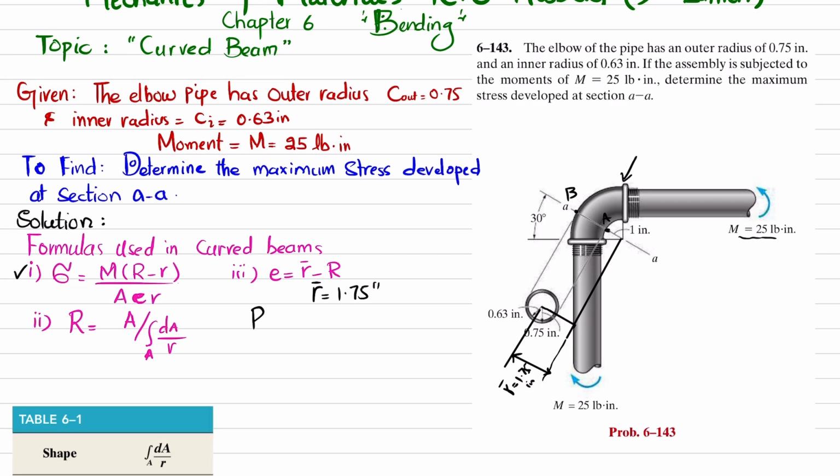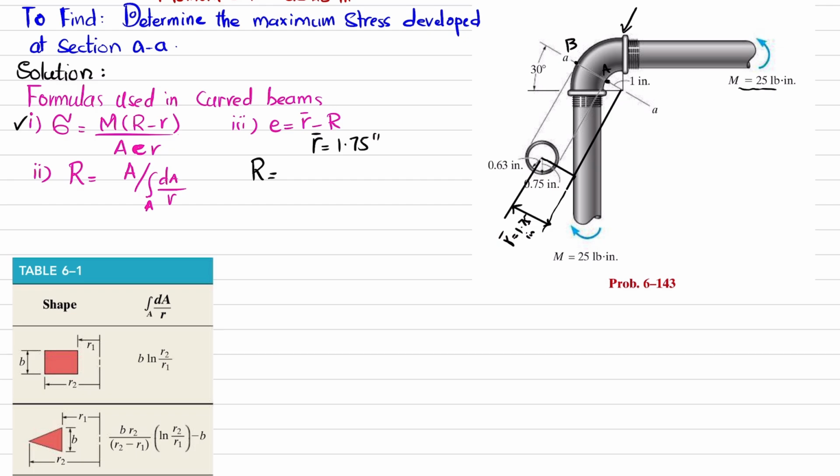So how will you find this capital R? You can see capital R is equal to area divided by the integral of dA over r over the entire area. So first we will find this area. You can see this is a hollow pipe having outer radius 0.75 and inner radius 0.63. For that we have the formula pi c outer squared minus pi c inner squared.